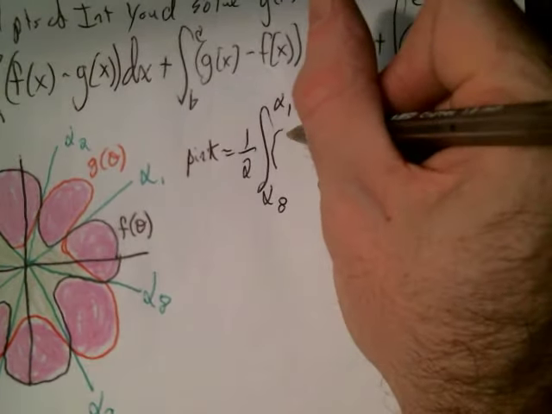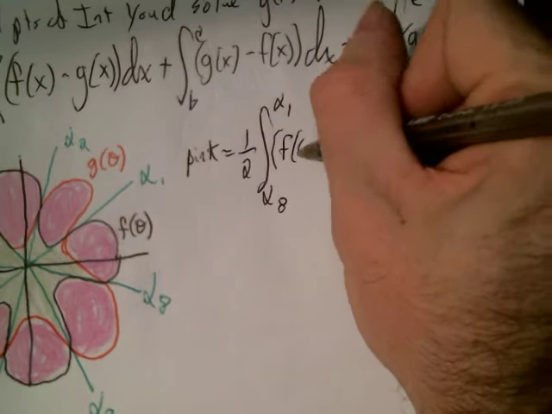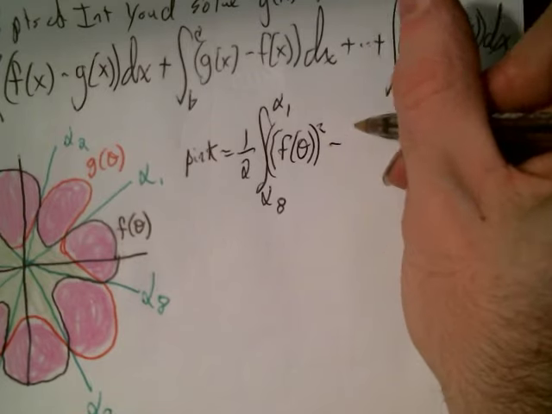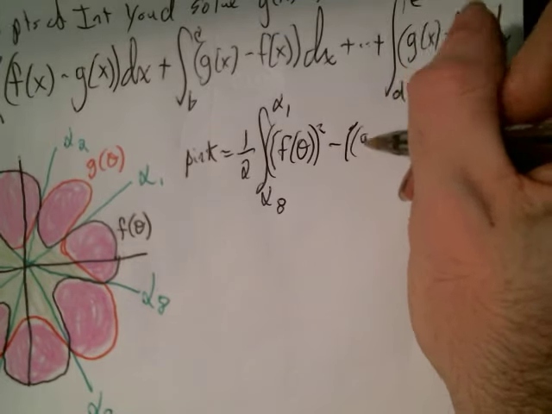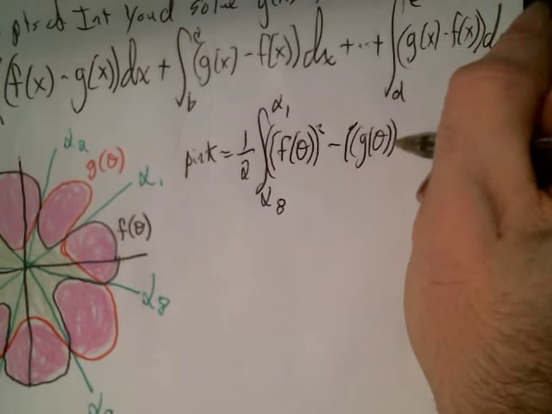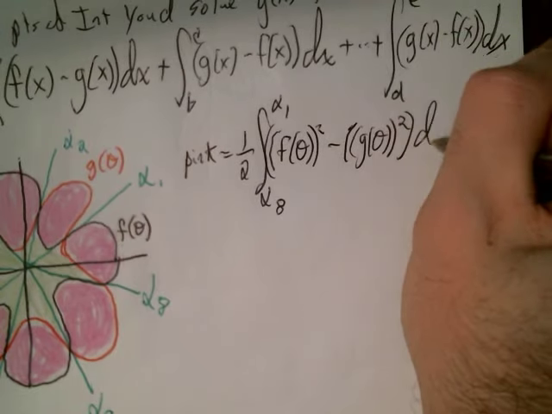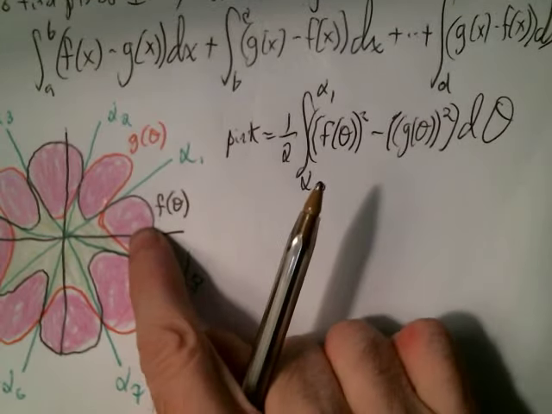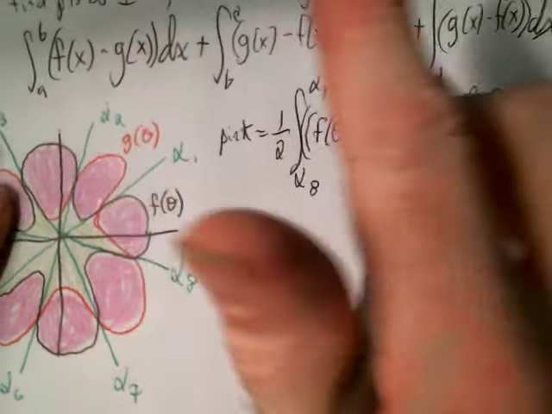So it must be f of theta squared minus g of theta squared d theta. Okay. So that would be this pink region, and then from alpha 1 to alpha 2.